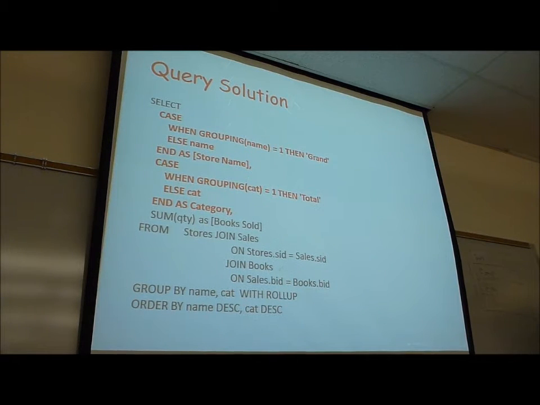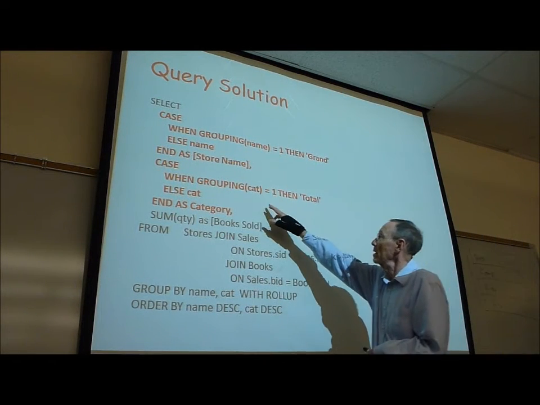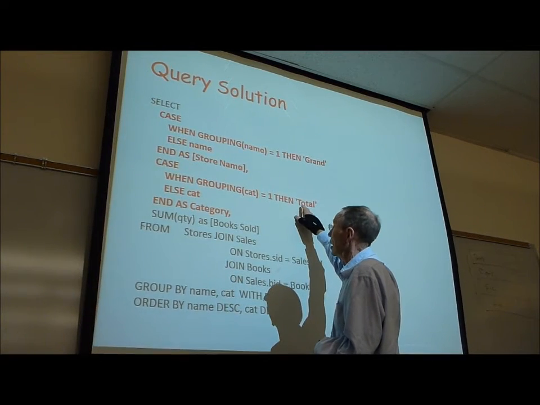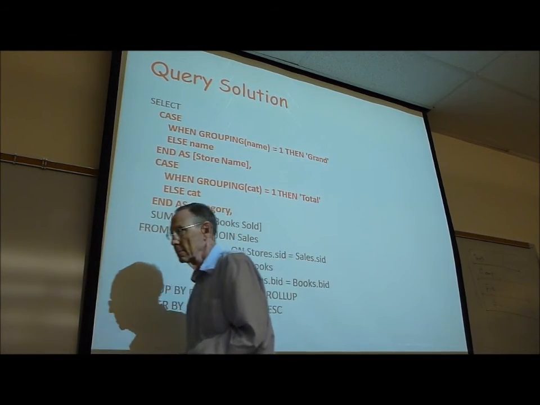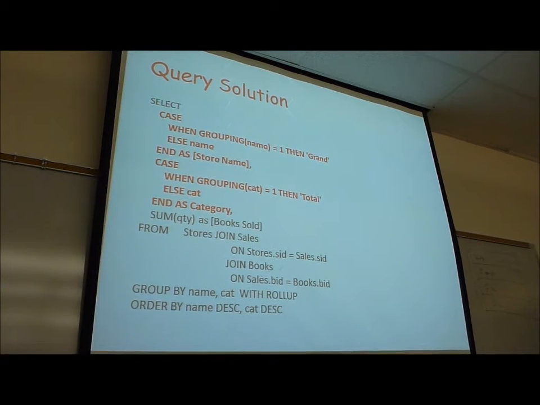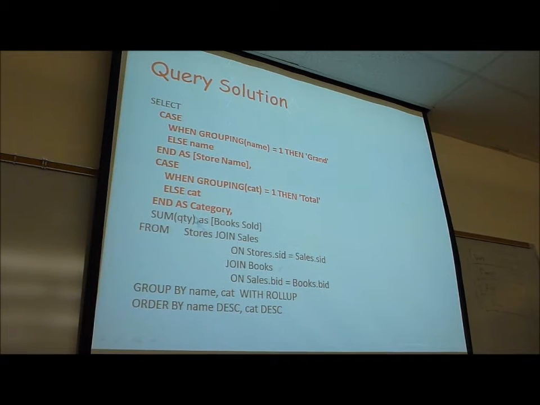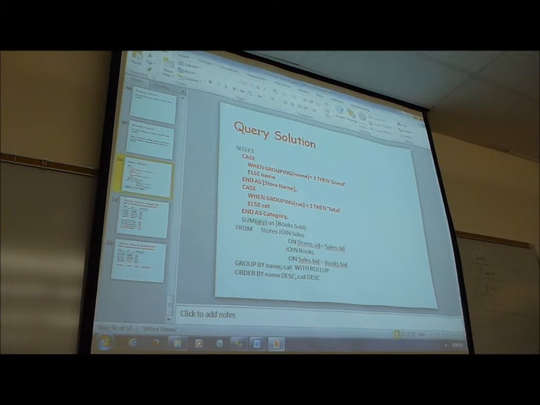When it's name, we'll put in grand total. And when it's category, we'll then use the term total. So that we'll get that nice name for it down there. I'll just run that so we can see it.